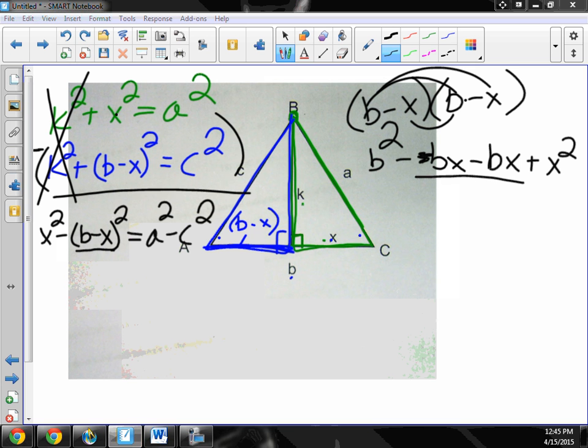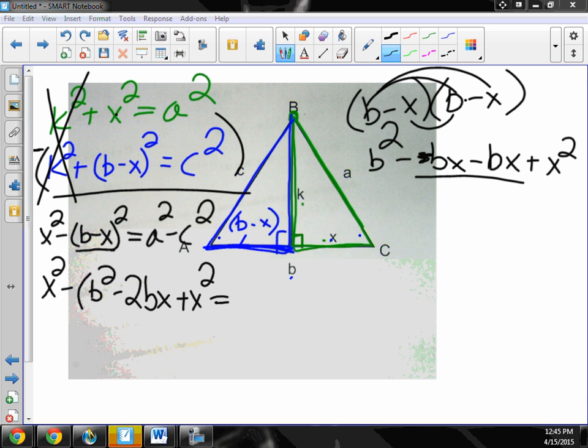Sorry, this shouldn't be there. These go together, right? So back to this equation, X squared. Now I'm going to subtract B squared minus 2BX plus X squared equals A squared minus C squared. Close that parenthesis.